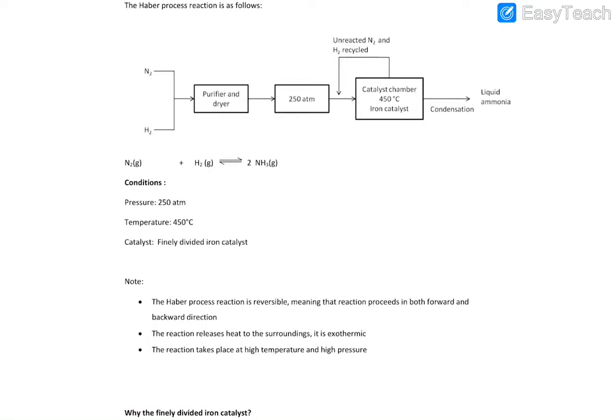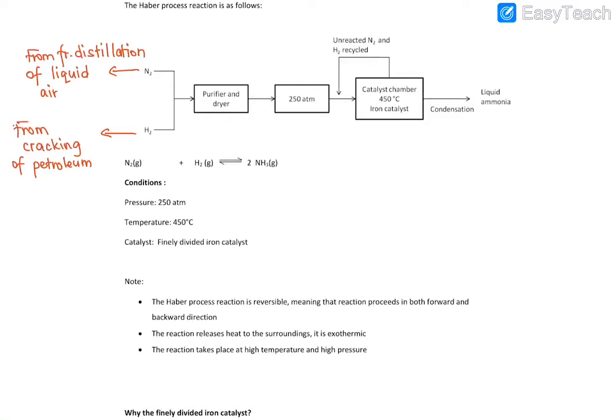This is a map that explains the process. We get nitrogen and hydrogen together. We purify and dry, so we'll remove any impurities, and we'll remove water to ensure that there is no H2O in the mixture.